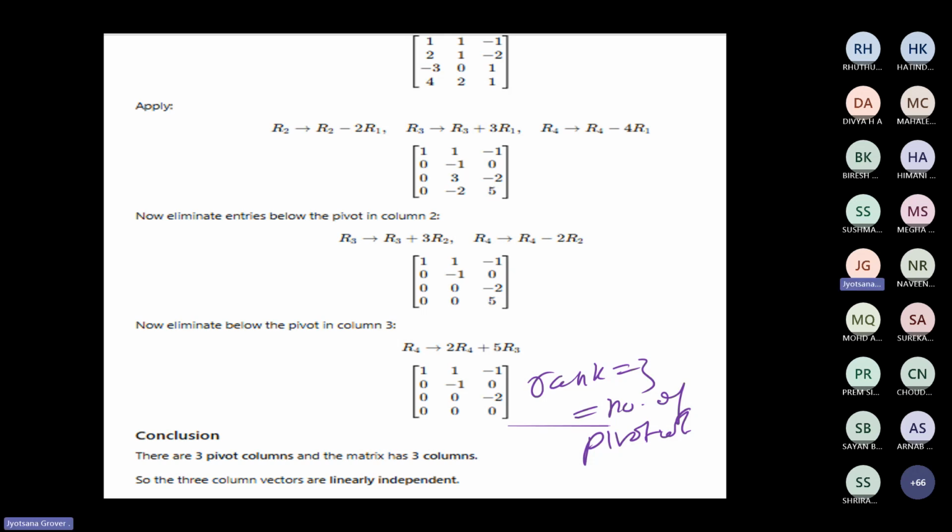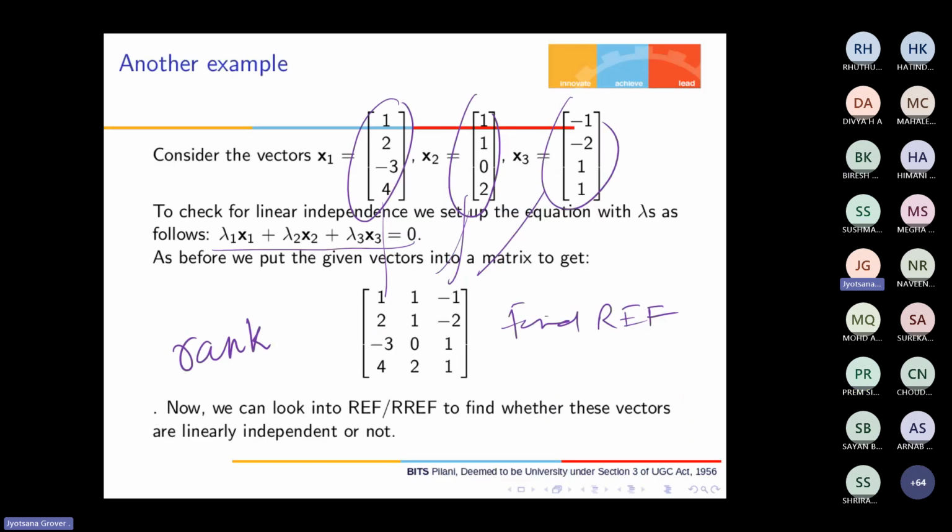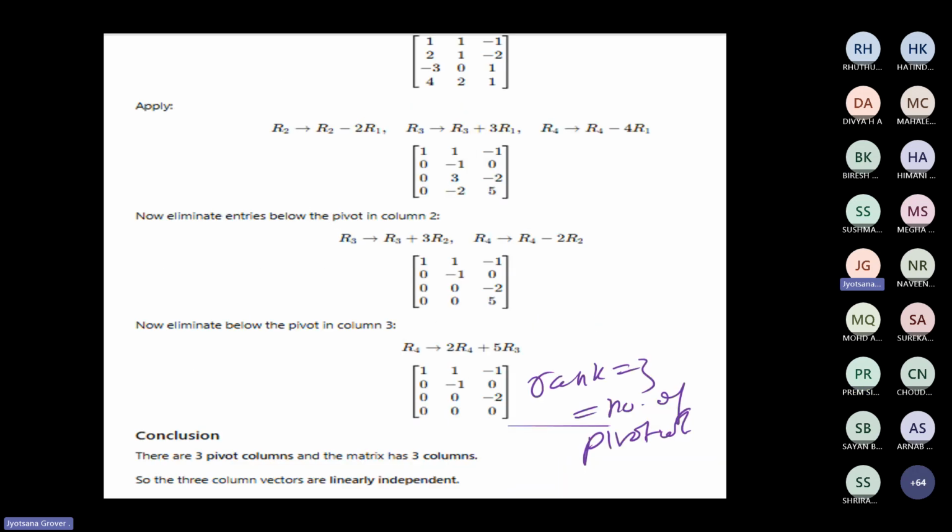Is it okay? So I'll just summarize in one line. The rank of a matrix is equal to the maximum number of linearly independent columns, which is the number of pivot columns.